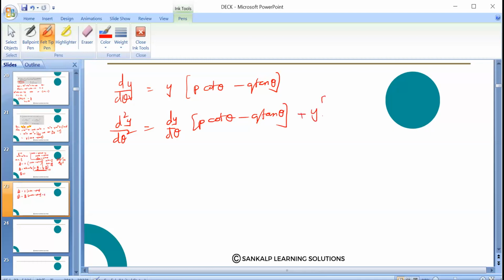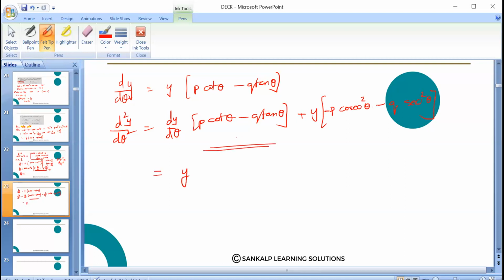Now y is same. Cot theta derivative is minus cosecant square theta, minus q tan theta derivative is secant square theta. We already know this will become 0.